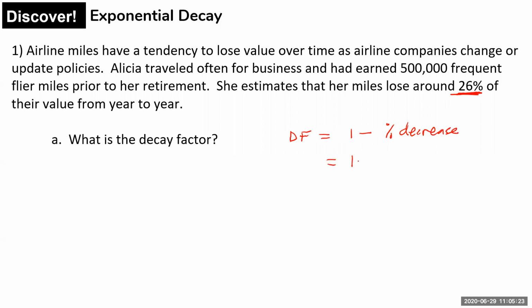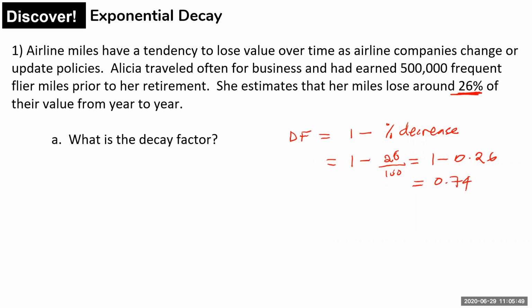And don't forget to change that. So 26 over 100, change that to a decimal. And this is 1 minus 0.26. And what would this give you? Work that out. And that gives you what?